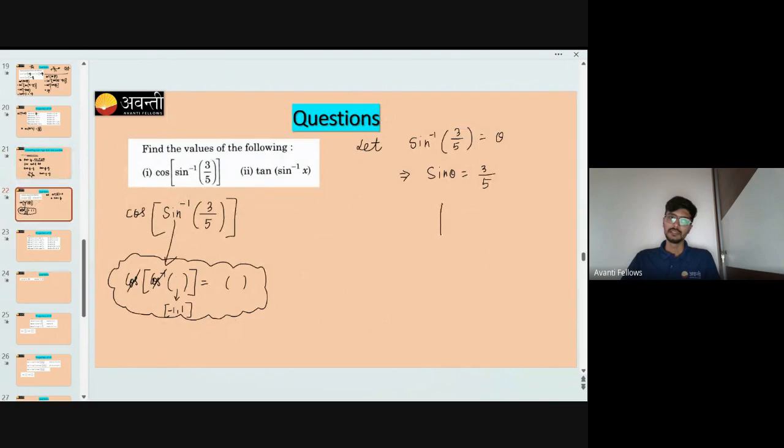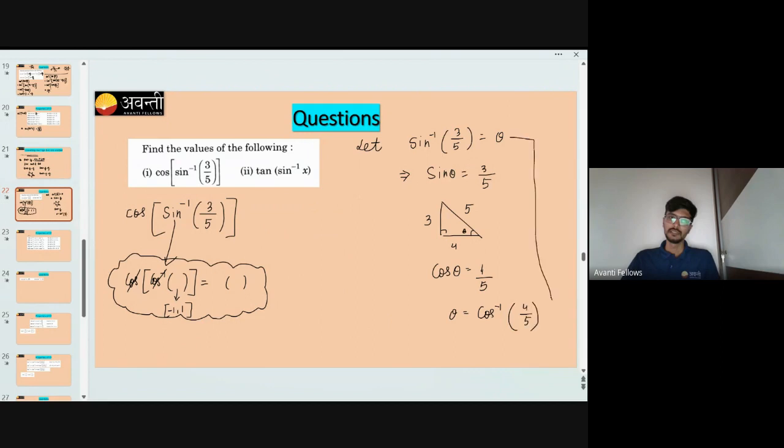If sine theta is 3 by 5, let's make a triangle. Triangle banao. Theta, sine is opposite upon hypotenuse, and by the Pythagorean triplet this will be 4. I need cos theta, since I need sine inverse to become cos inverse. So cos theta will be adjacent upon hypotenuse. So from here I can write theta as, by definition of inverse, cos inverse of 4 upon 5.